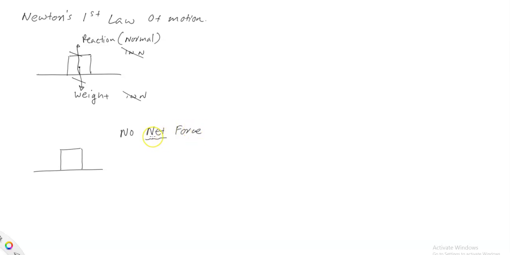This word net force is important. There can be different forces, but if they're all going to cancel out each other, we say there is no net force. Now, the first law says if there is no net force acting on an object, the object will remain at rest. This is the first part. This is the first part of Newton's first law.